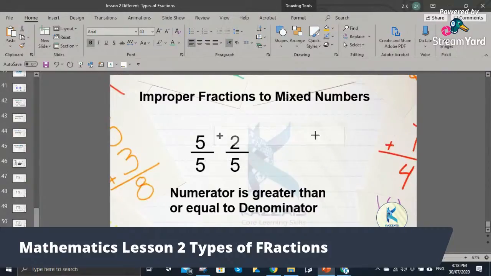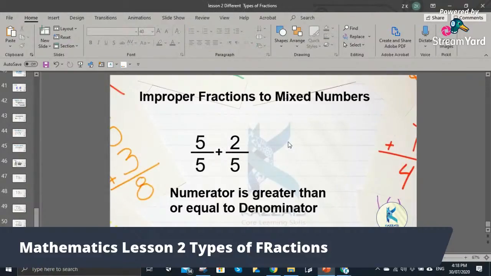Okay, so 7 over 5 actually means these two numbers.